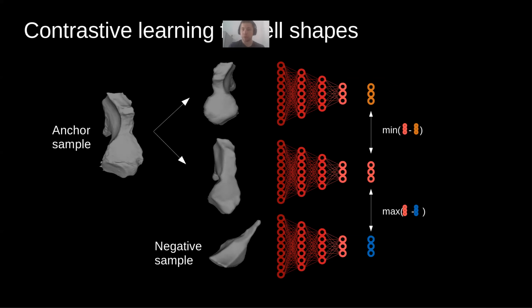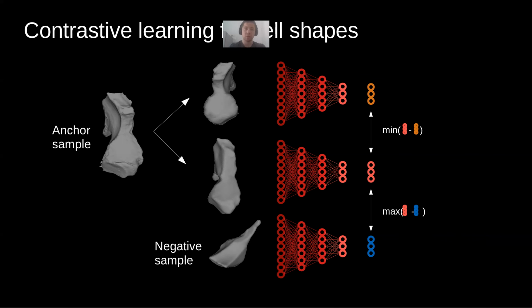The way we used it in this pipeline was we sampled a cell, we extracted its cell shape, and then we computed, based on this anchor sample, 2 different geometric views. So we augmented, essentially deformed, the surface in a way that it looks different from the original sample, but at the same time, we didn't want to destroy the geometric cellular identity.